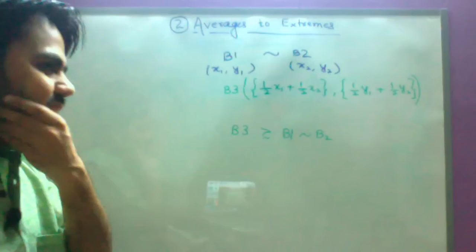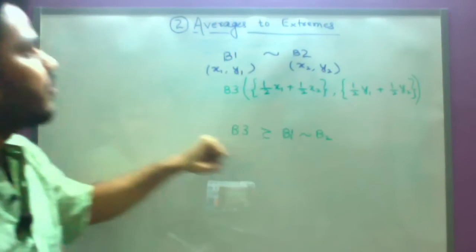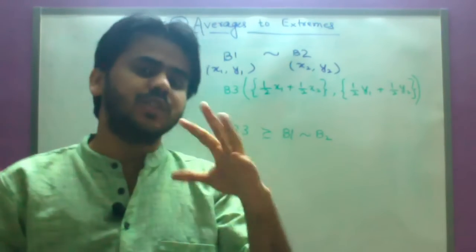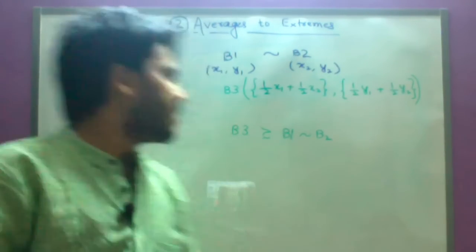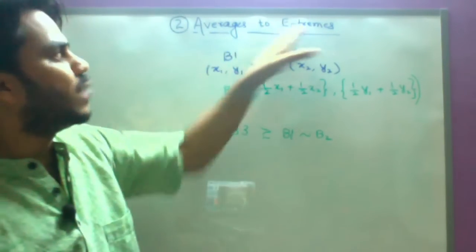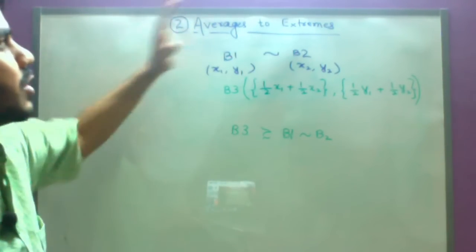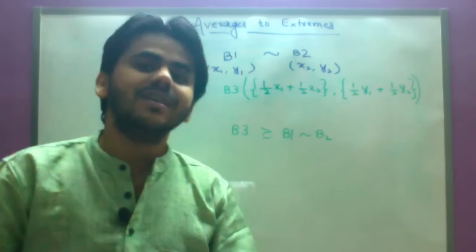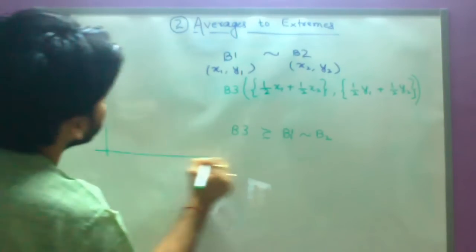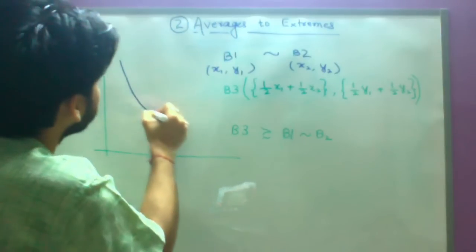Now what does this tell you about the shape of the indifference curve? The first assumption we built, more is better, has some kind of a relationship with the averages-to-extremes assumption as well, because if we combine the first two, we will understand that we will have a convex kind of a preference structure, which means this kind of a structure.